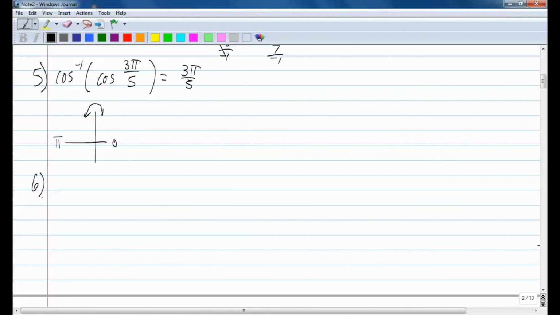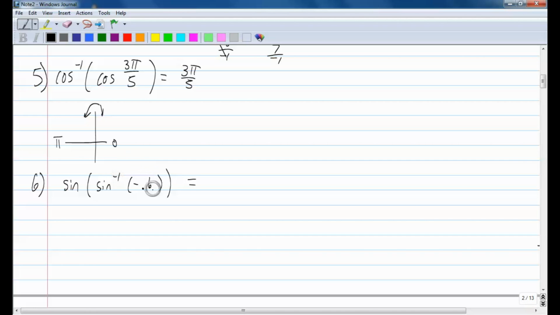Alright, number 6, the sine of the inverse sine of negative 0.6. So, same function, one is the inverse, and this time the inverse is on the inside.